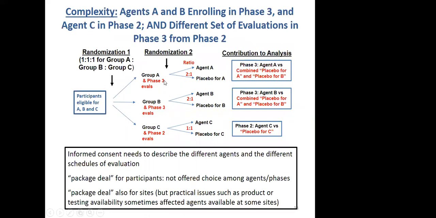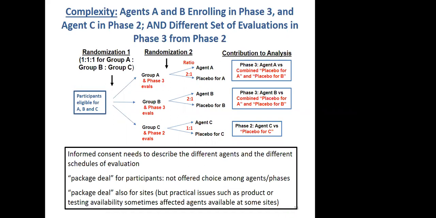But if we instead have 2 agents in this example in phase 3, and 1 agent in phase 2, then we need to recognize the fact that phase 3 wasn't doing the virology assessments in an intensive way.